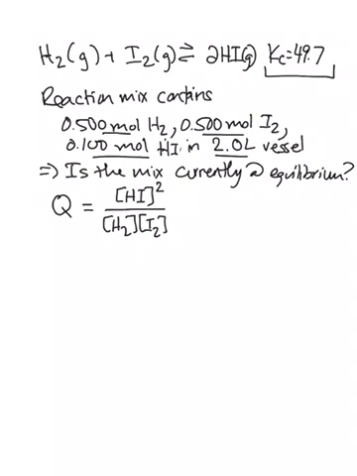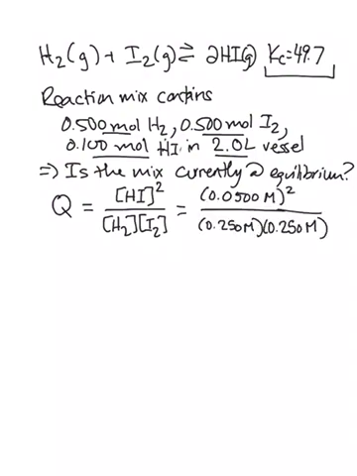So when we convert that, I get a concentration of 0.05 molar for the HI and 0.25 molar for both the H2 and the I2 since they started at the same moles. And if I do that math, I find that Q is equal to 0.04.